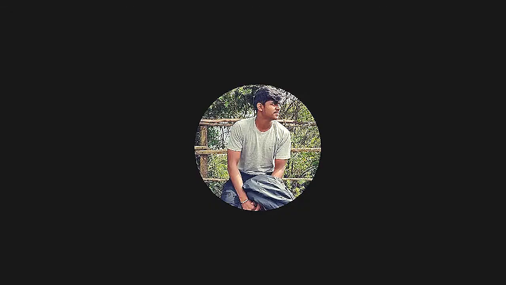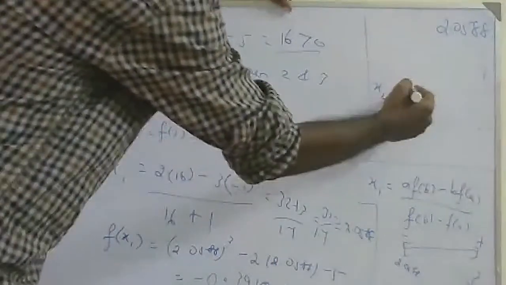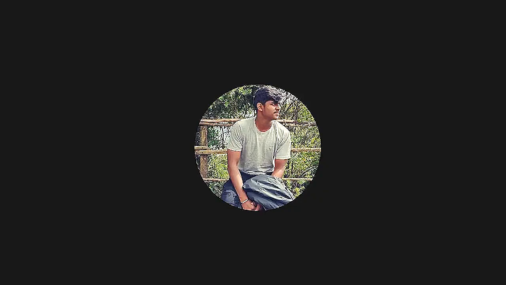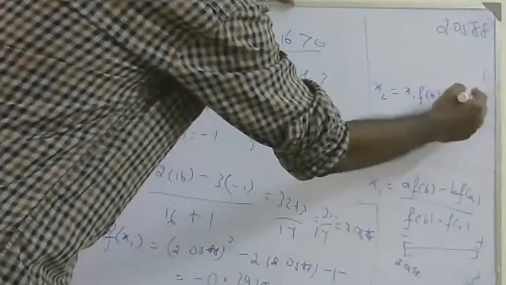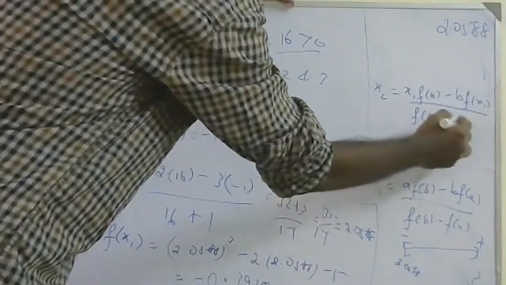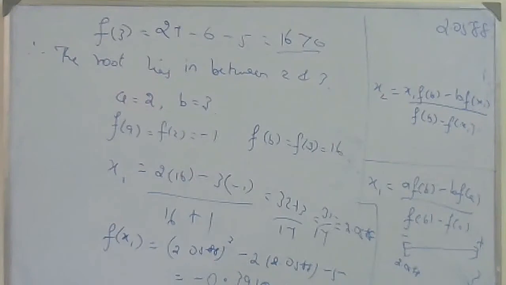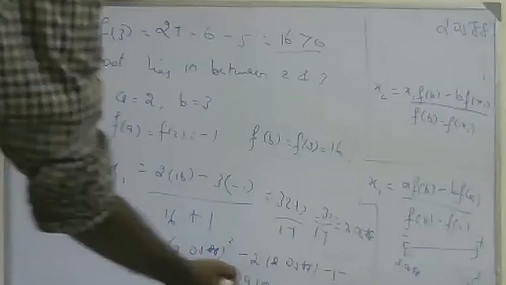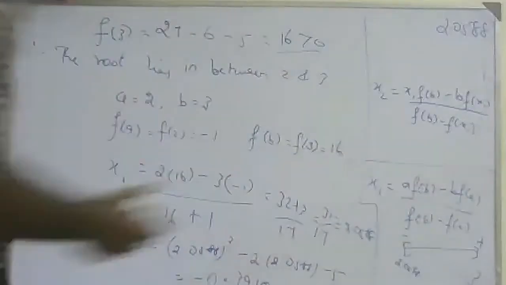So my formula goes like this: x1 into f of b minus b into f of x1, divided by f of b minus f of x1. This is the formula for x2. Understood? Whatever the value you get, if it is negative, you have to replace a. If it is positive, you have to replace b. Wherever b is there, you have to change it to x1.